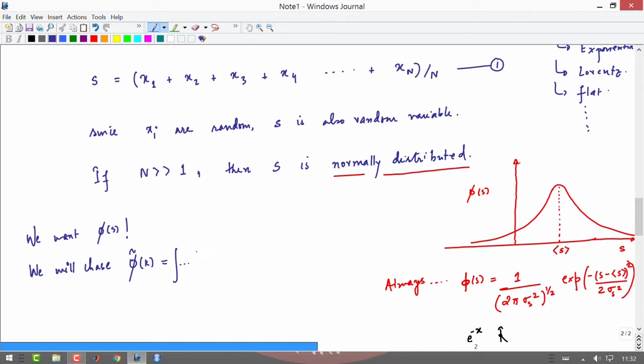these n integrals. I am not writing the limits here because the limits are understood, they are from the lower x value to the x maximum.